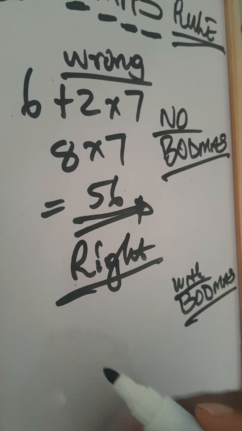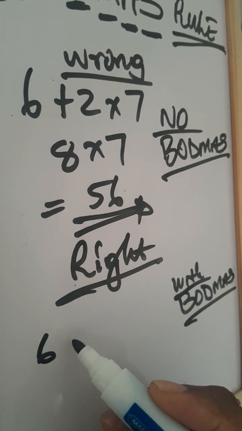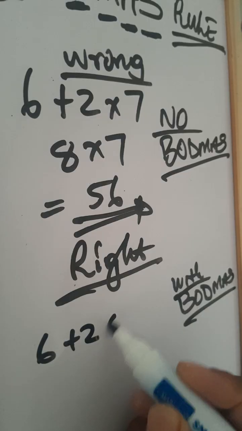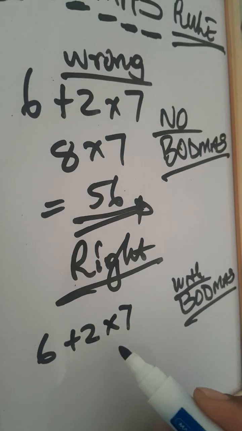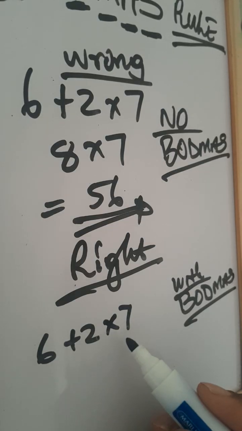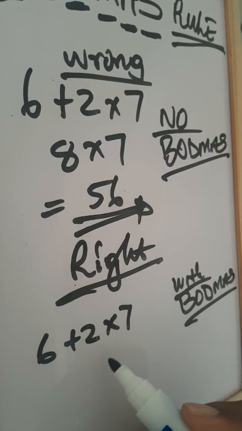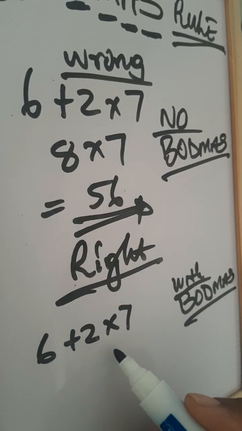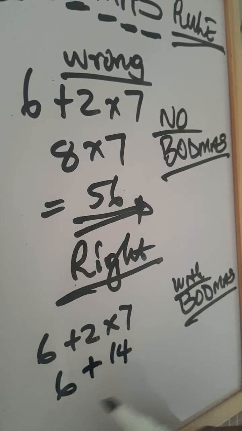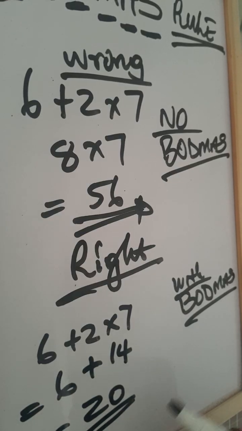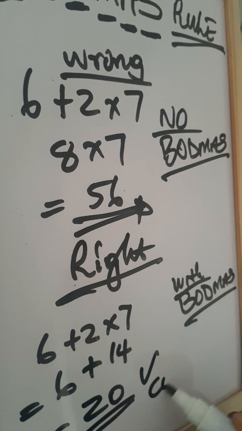So, it says 6 plus 2 multiplied by 7. If you follow BODMAS, you will start with multiplication, so 2 multiplied by 7 will give you 14. Then plus 6 equals 20. Correct way of doing it.